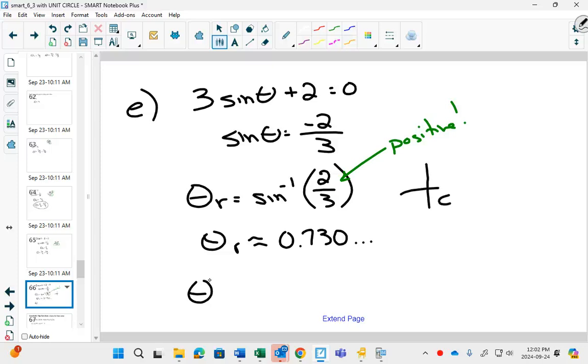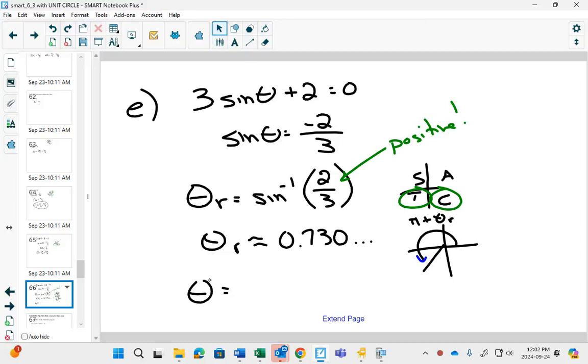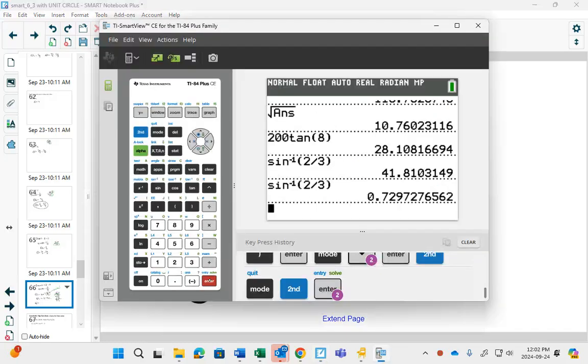According to your CAST rule, sine is negative. You're going to check quadrant 3 and 4. If you have a reference angle, again, you can draw a little picture. If I have it in quadrant 3, does it make sense that this angle would be pi plus your reference angle? I'm going to go to my calculator.